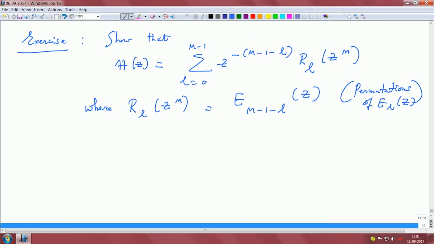This representation is basically called type 2 polyphase representation.